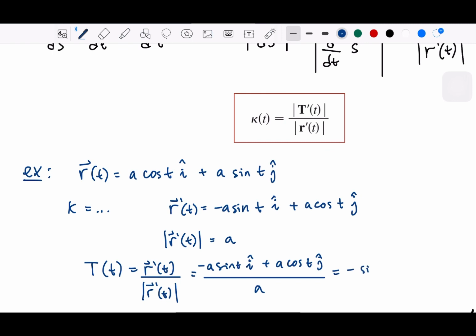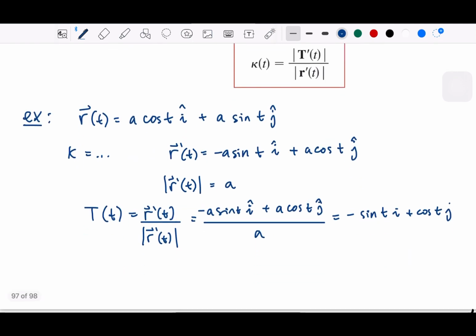This will be negative sine t i plus cosine t j. So we take the derivative of that unit tangent vector, so we get negative cosine t i plus negative sine t j, and this gives the magnitude is 1, right?